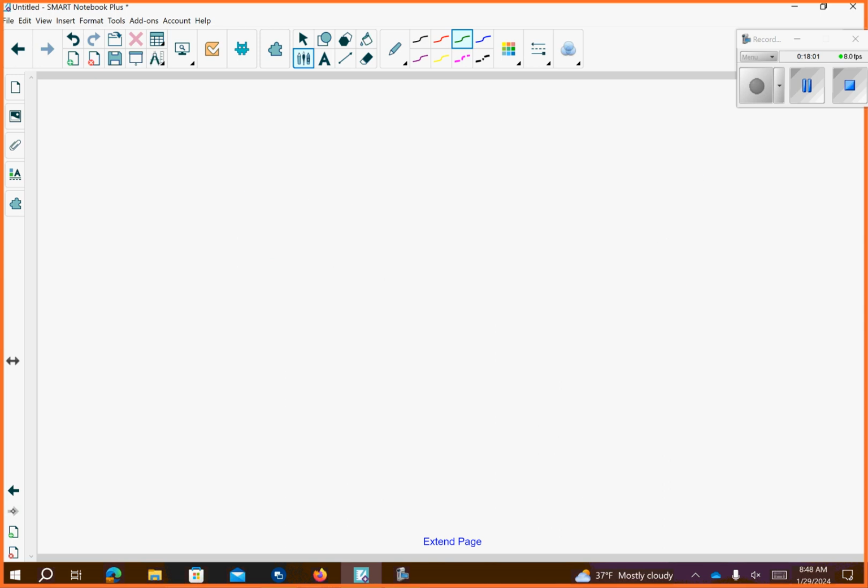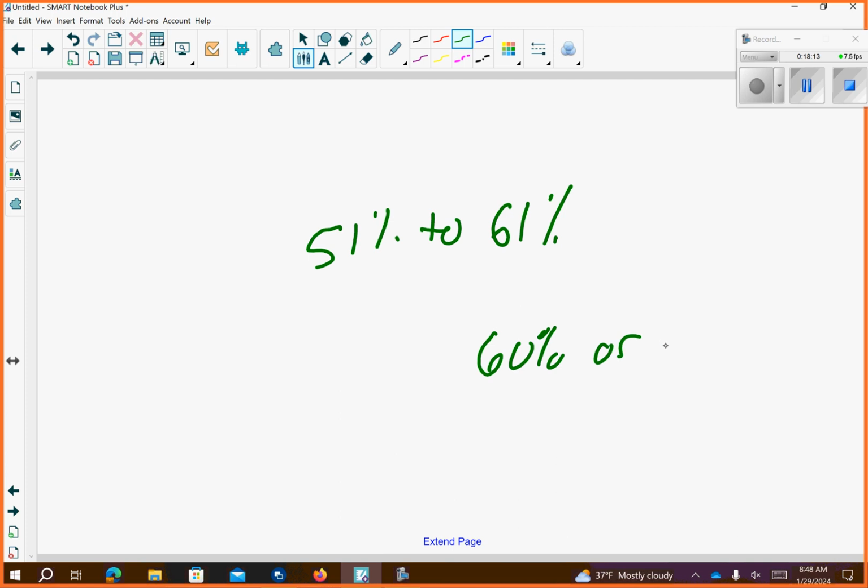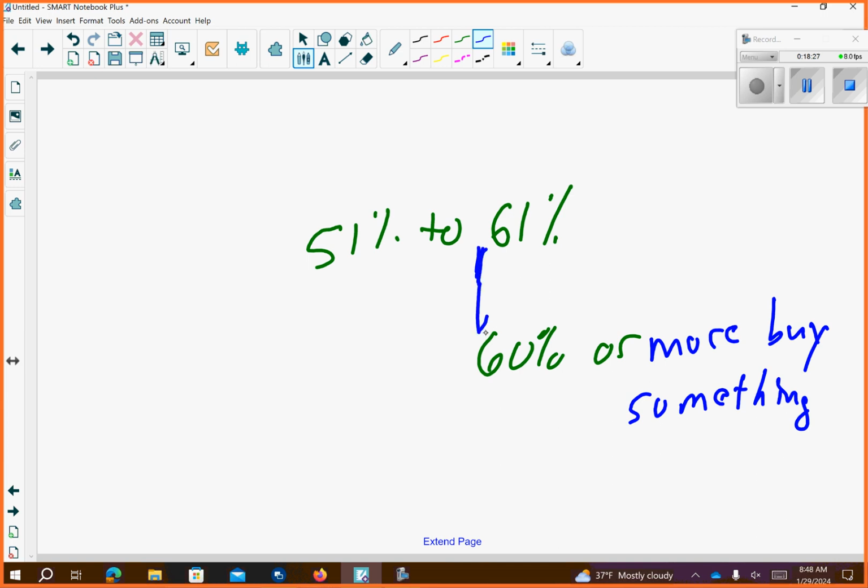So what they're saying there is our margin of error is 51% to 61%. So if somebody said 60% or more buy something, being the 60 is in here, that's where the 60 falls.